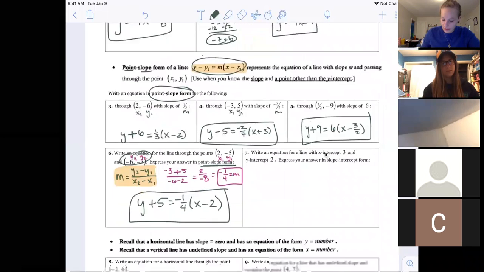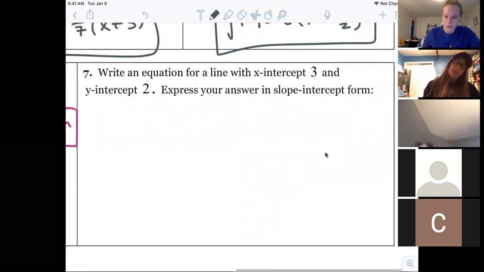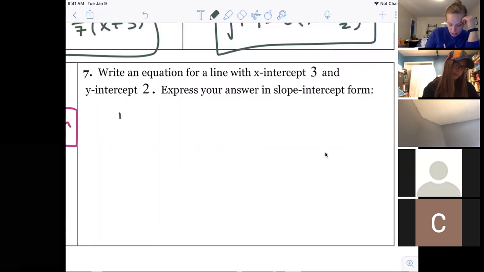All right, now I've got the next problem. It says write an equation for a line with x-intercept 3 and y-intercept 2. The y-intercept 2 is helpful, but if I want slope, I need 2 points. Oh, but we remember intercepts mean that they're on the axis. So if it's an x-intercept, it's on the x-axis, which generally means, I'm just going to do a little brief sketch.